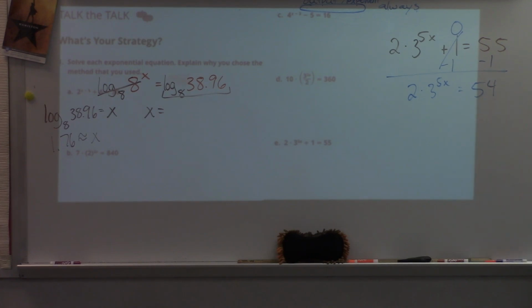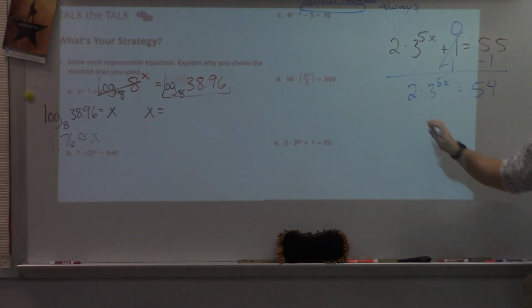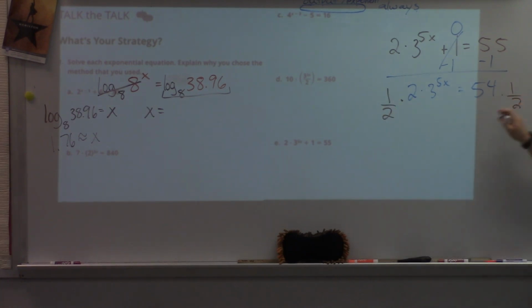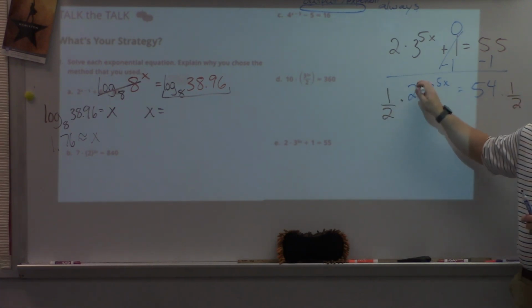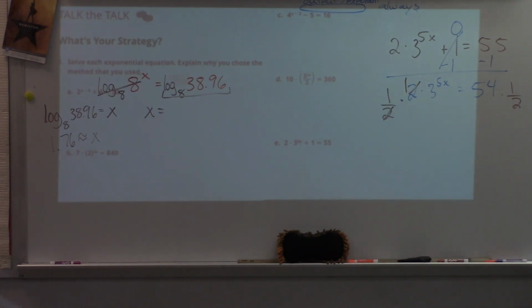Now what? Those are being multiplied, so I can divide. You can use that reciprocal to divide, 1 divided by 2. So what is half of 2, by the way? 1. What's half of 54, or 54 divided by 2? 27.